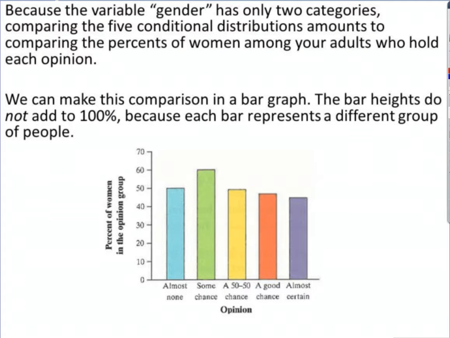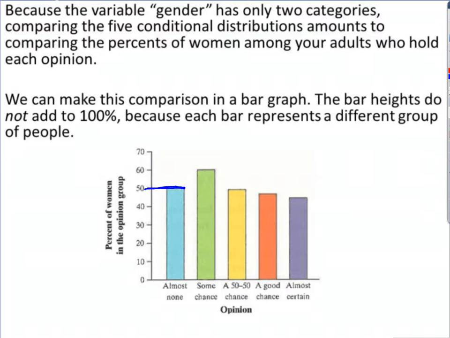Because the variable gender has only 2 categories, comparing the 5 conditional distributions amounts to comparing the percents of women among young adults who hold each opinion. We can make this comparison in a bar graph. So if we compare the opinions of the people who said there was almost no chance, about 50% of those were women.